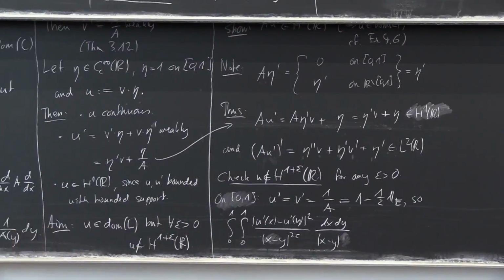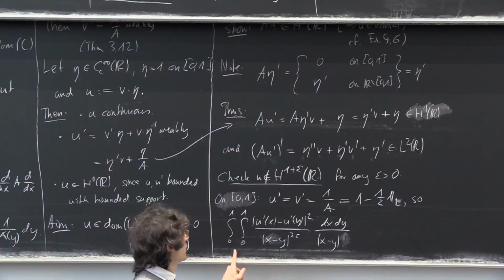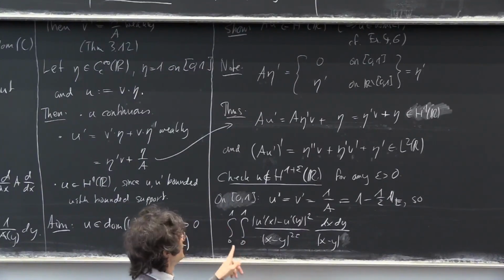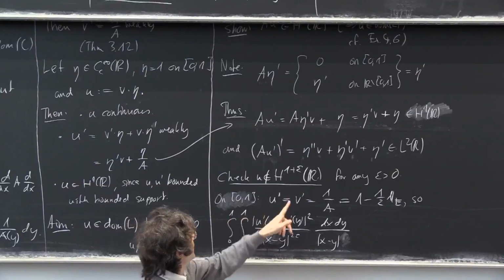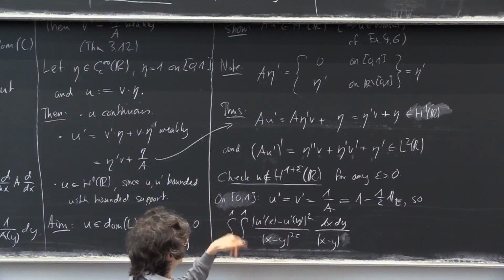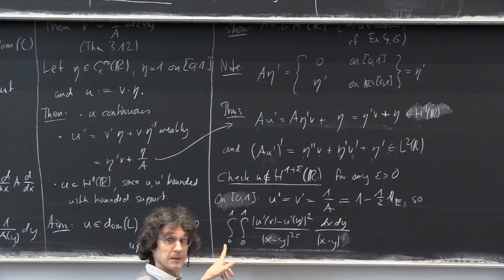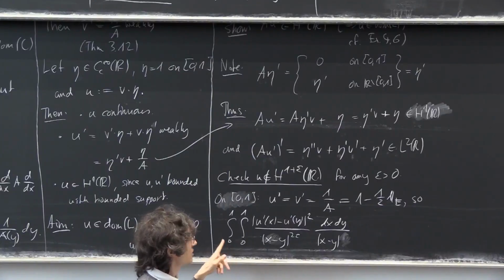So this is the thing that we have to check for the Sobolev-Slobodetsky seminorm. If we show that this is infinite, then this function is not in H epsilon on the interval 0, 1. But we want to show that it's not in H epsilon of R. So in fact, you have to have this integral over all the stuff. But if this is already infinite, the whole thing is infinite. Okay, so the interesting things happen between 0 and 1.